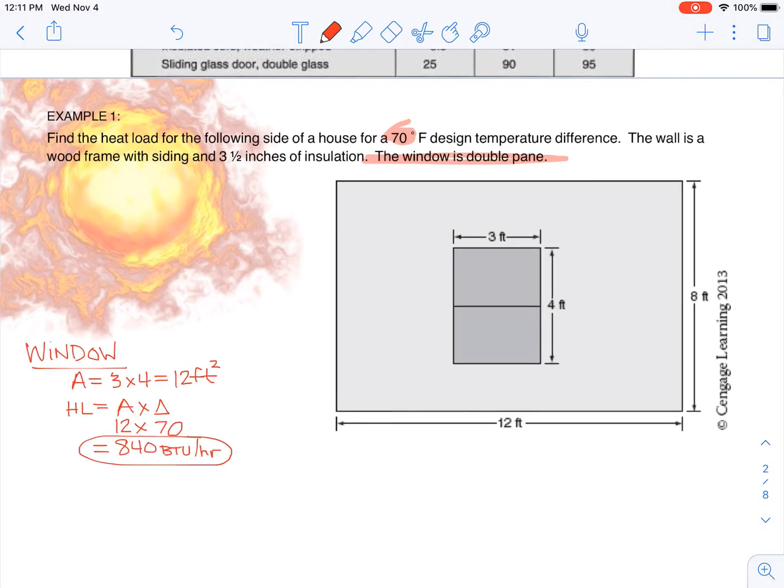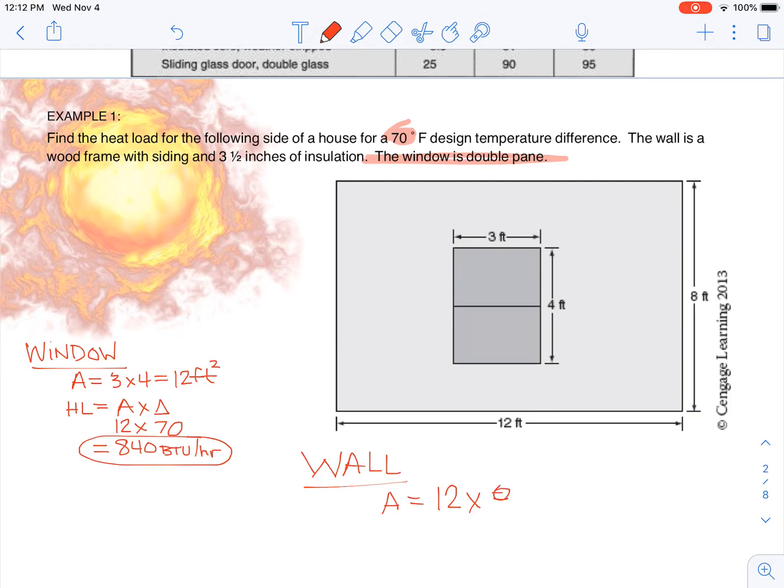Now we have to actually do the wall itself. So to do the wall itself, we find the area of the whole wall, and we need to subtract out the area of the window. So the area of the wall is 12 by 8.